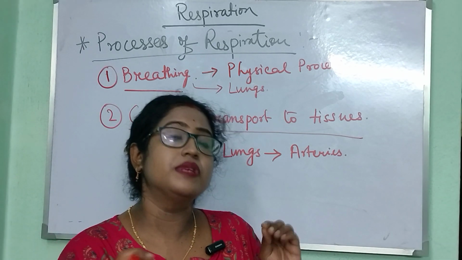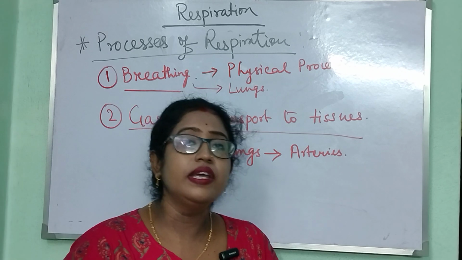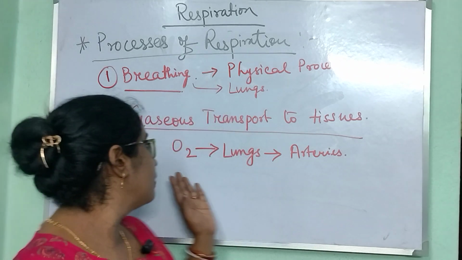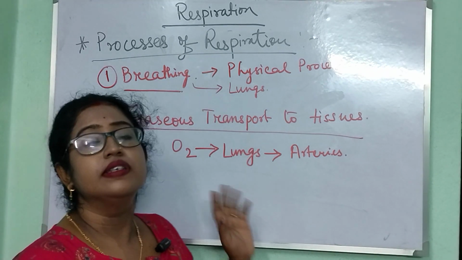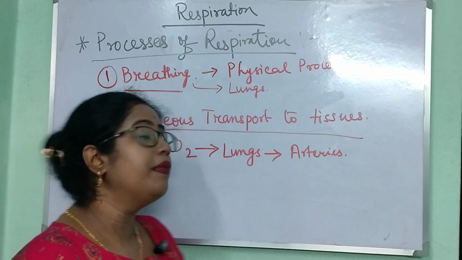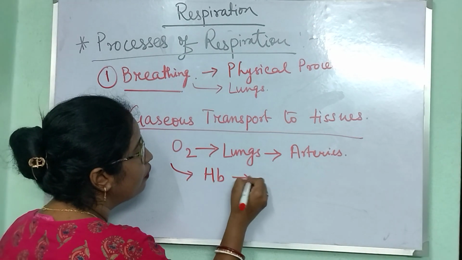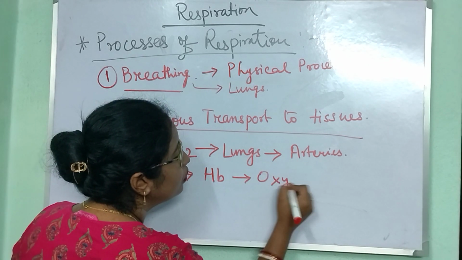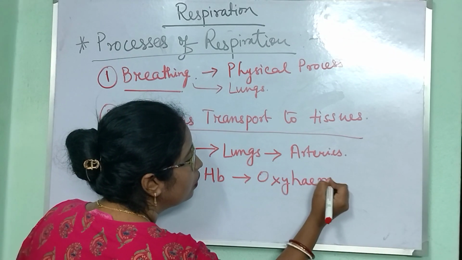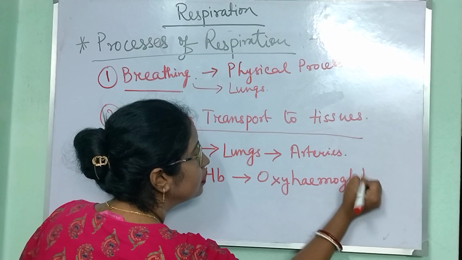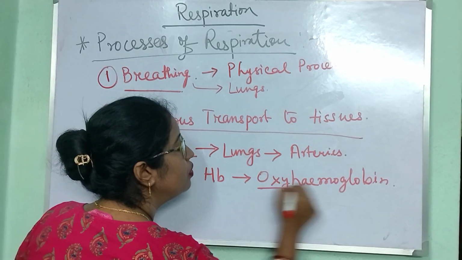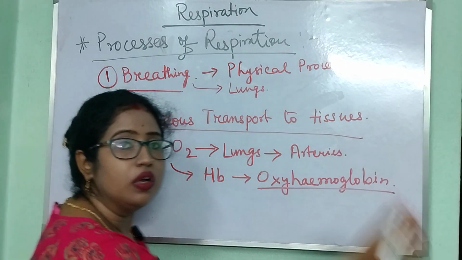The arteries present in the lungs take up this oxygen, and the oxygen combines with hemoglobin of blood and forms oxyhemoglobin, and this oxyhemoglobin is transported to tissues.